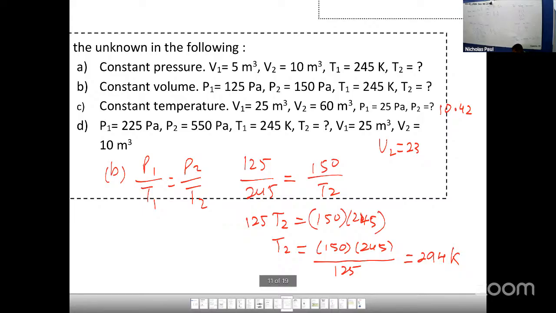They gave us V2, so what we find is T2. Yes, T2 of course. 239.6. Nice. So it's easy once you figure out the formula, right?